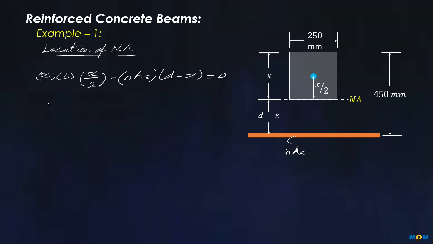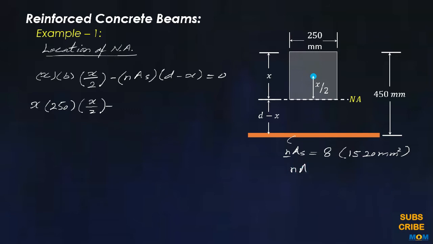Now using values in this expression, b is 250 millimeters, x upon 2, minus nAs. Now the value of nAs is going to be: n is 8, the ratio of the modulus, and the area of the steel rods is 1520 millimeter square.